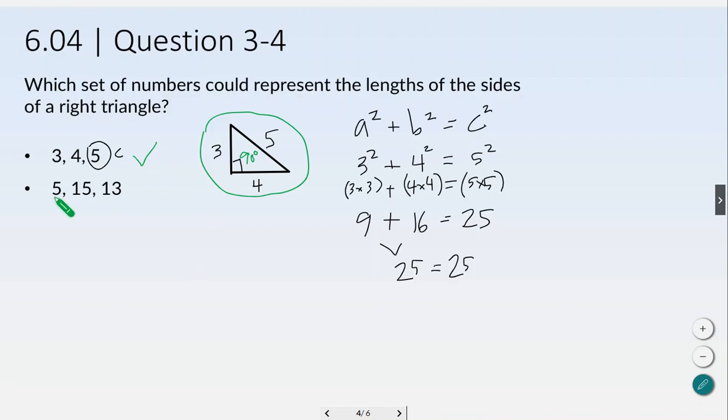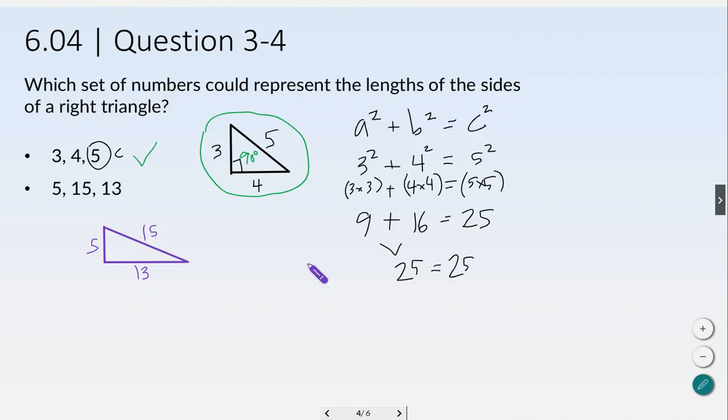Okay, so let's do it again with one other example. So again, I'm just going to draw an example triangle here. Again, my lengths might not be accurate, doesn't really matter. Let's see, so a 5 side, pretty long side over here, 13 side, and then that would be my 15 side. So this would be my 5 side, my 13, and my 15.